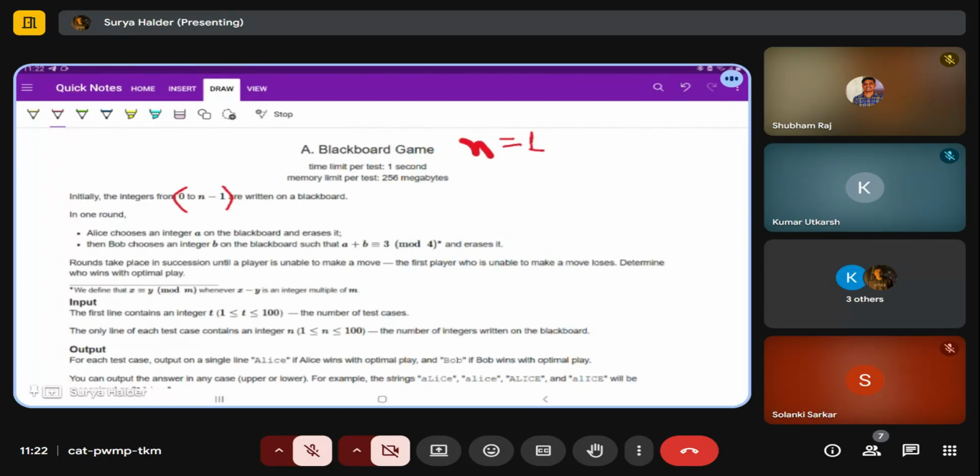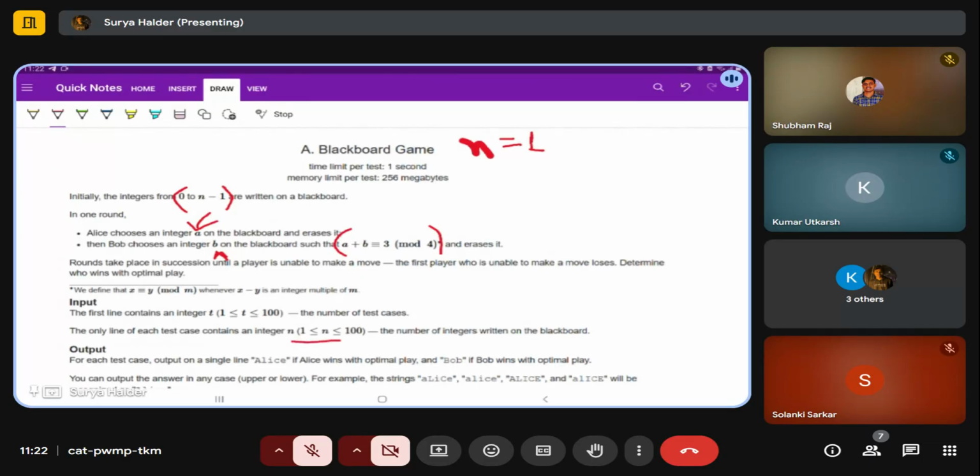In one round, Alice chooses a number A, and then Bob chooses another number B, such that A plus B is equal to 3 modulo 4, and then they are erased. After that, they keep on playing in this way, and the player who is unable to move loses, and the other player wins.